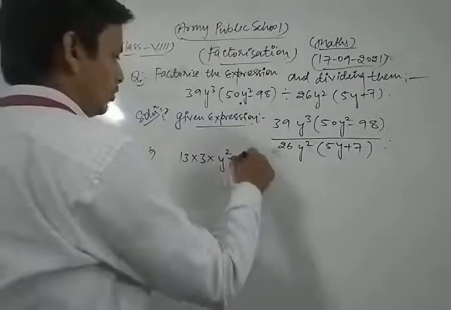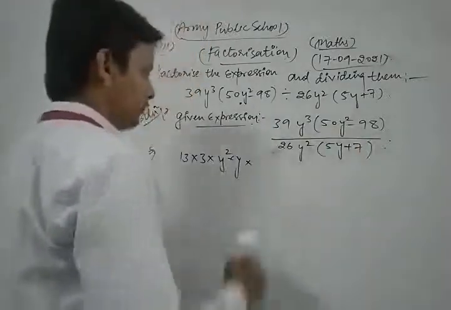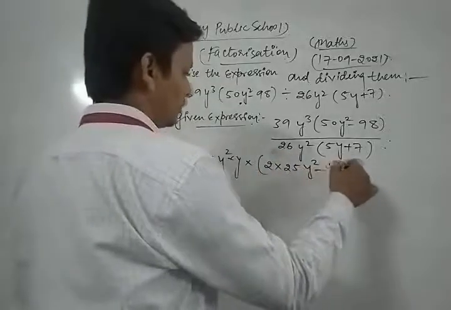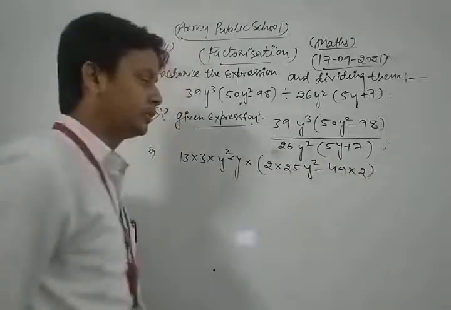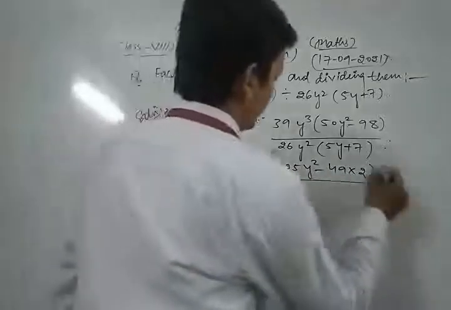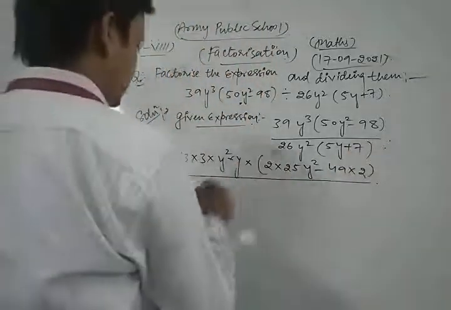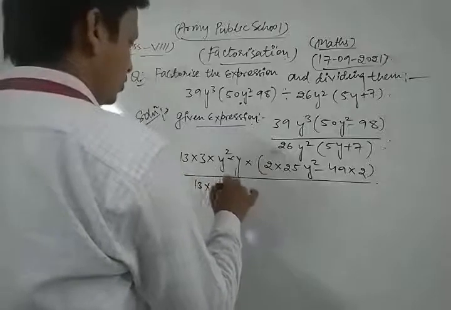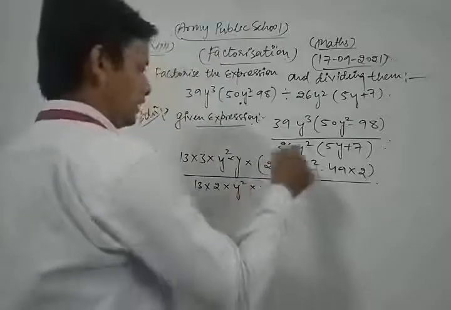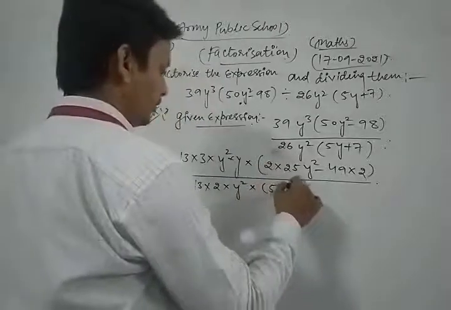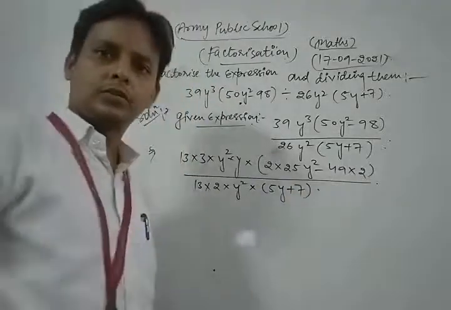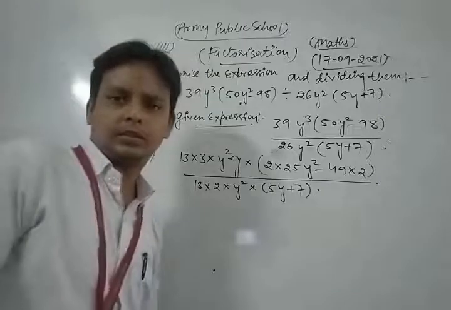In the terms 50y square minus 98 we write 2 into 25y square minus 49 into 2, because 2 is a common factor in both terms. Now 26 we write as 13 into 2, y square as it is, into 5y plus 7. Dear friends, this is clear.